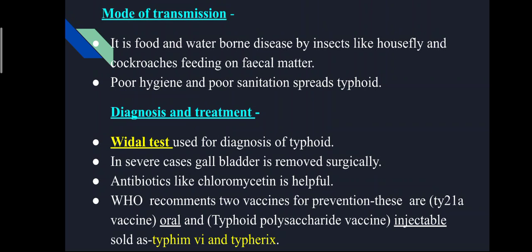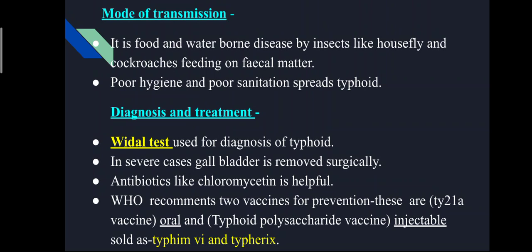Then see the diagnosis and treatment. For the diagnosis, a specific test is used that is known as Widal test. And in the treatment, in severe cases, the gall bladder is removed. And antibiotics like chloromycetin are helpful for the treatment.